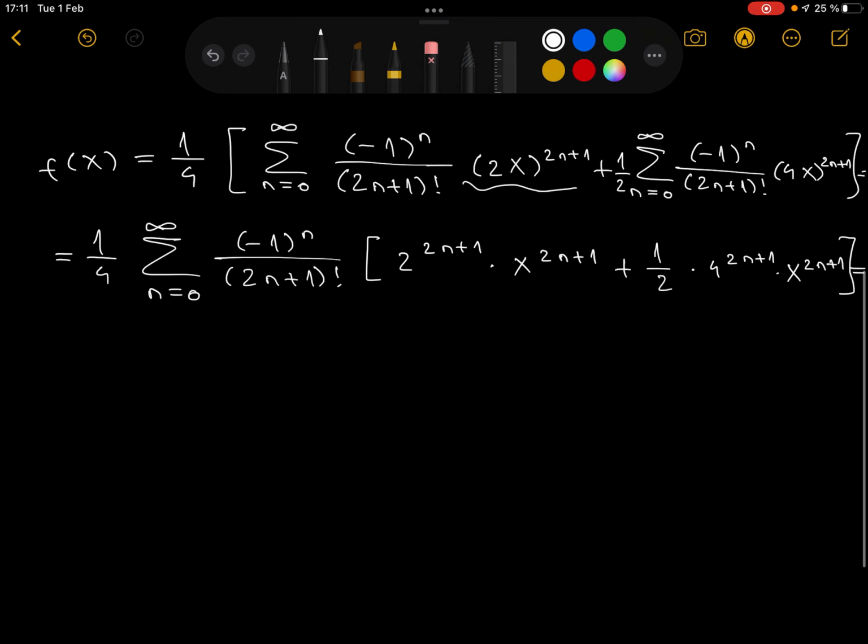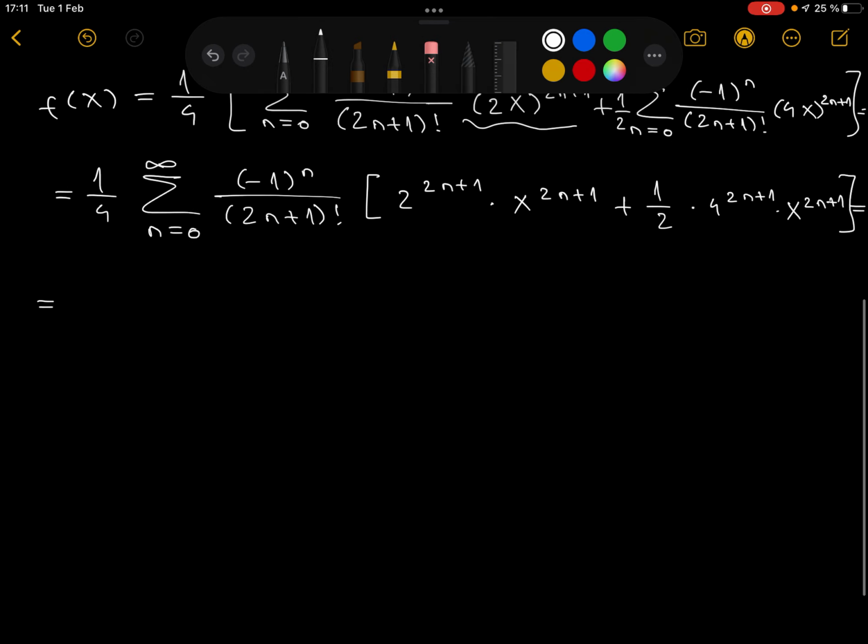Okay? Which is just the same as 1 over 4 times the series of n goes from 0 to infinity of minus 1 to the nth power over 2n plus 1 factorial.